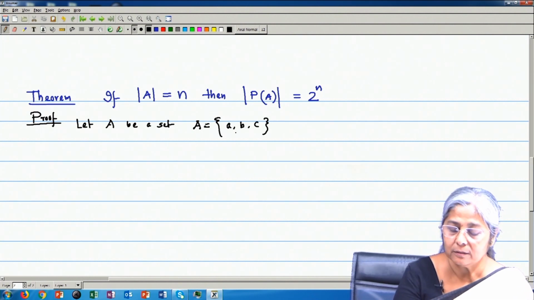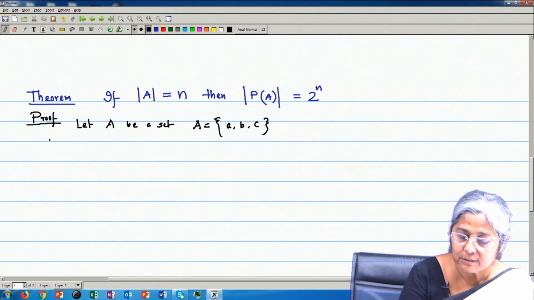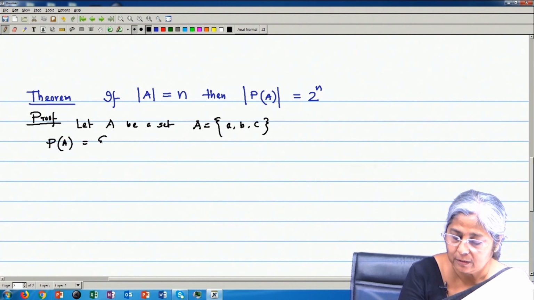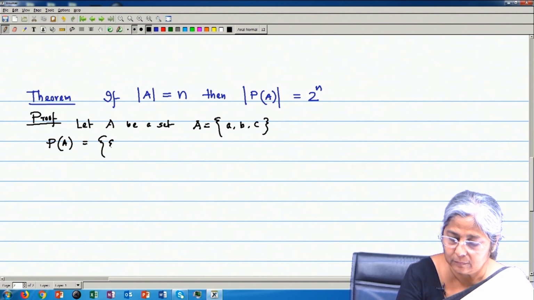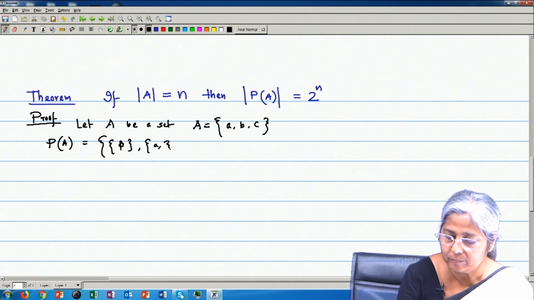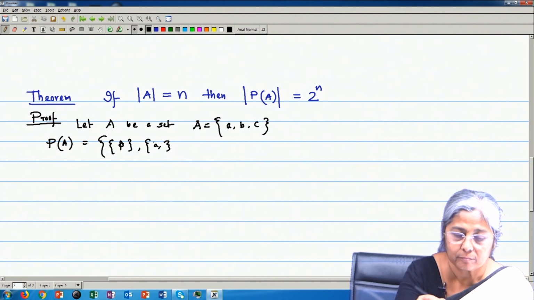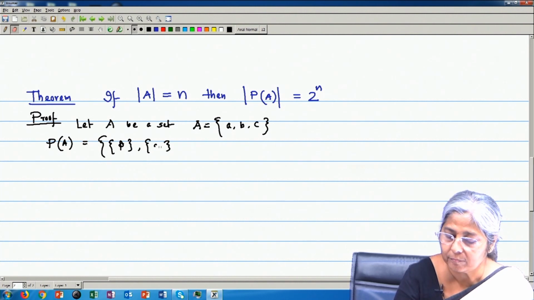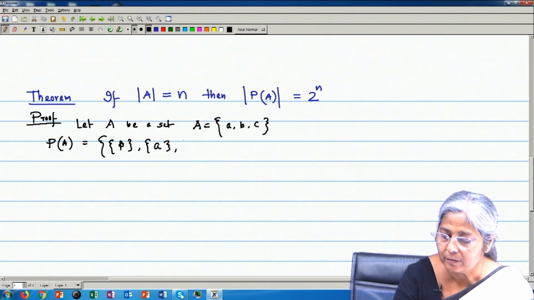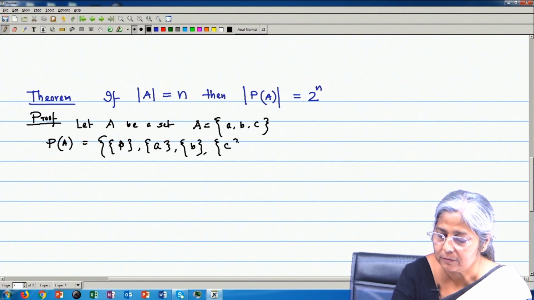Just now we have seen that the power set consists of phi, {a}, {b}, {c}, and so on.